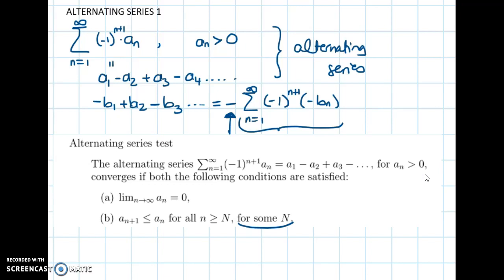So if we can check those two conditions, then we are sure that our alternating series is converging.